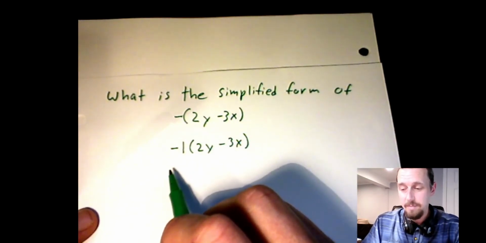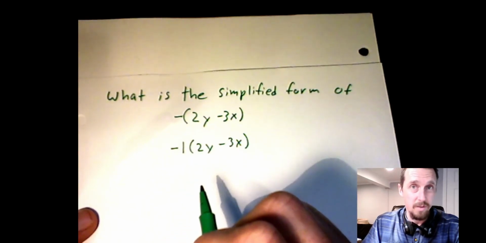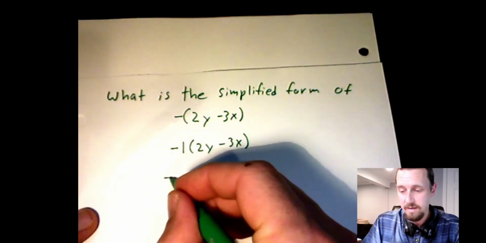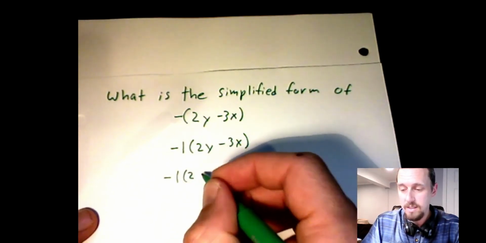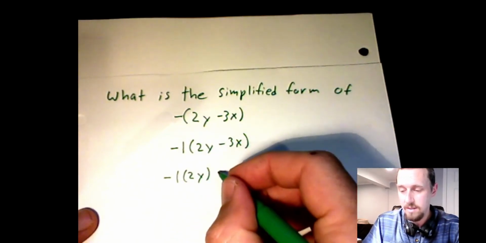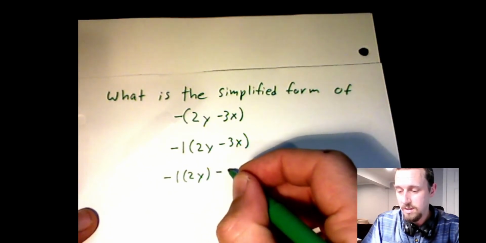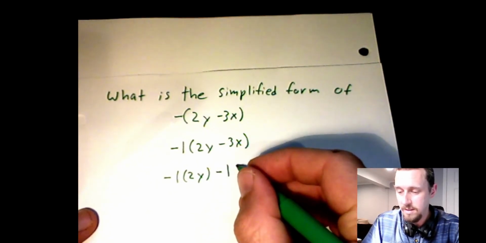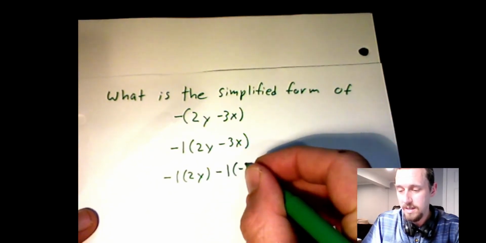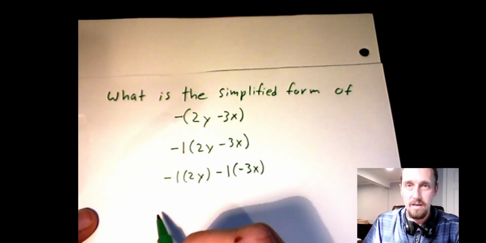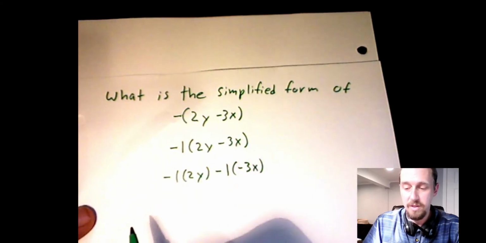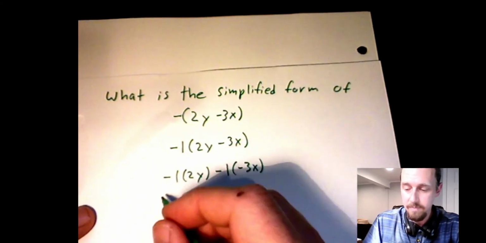The next step is to distribute that negative 1. So we have negative 1 multiplied by the quantity 2y, and also negative 1 multiplied by the quantity negative 3x. Now that I have distributed the negative 1, I can simplify.